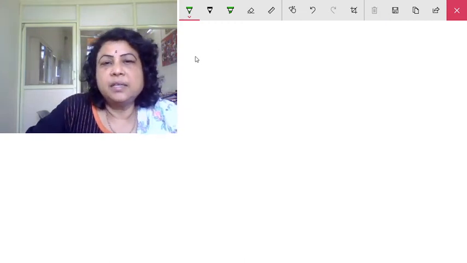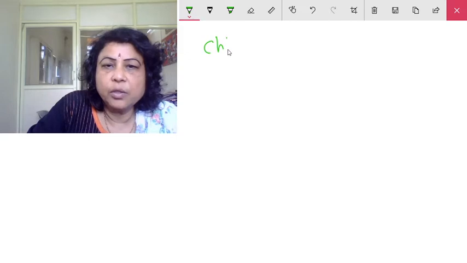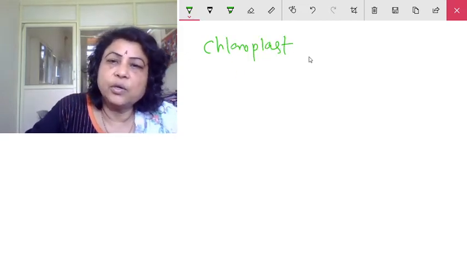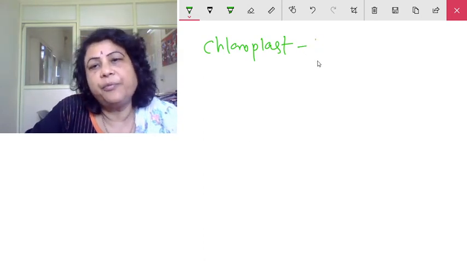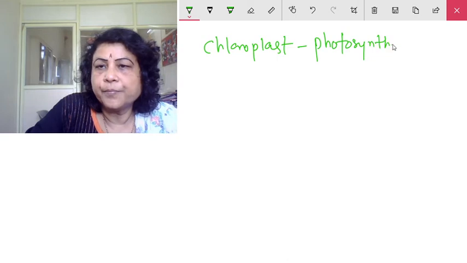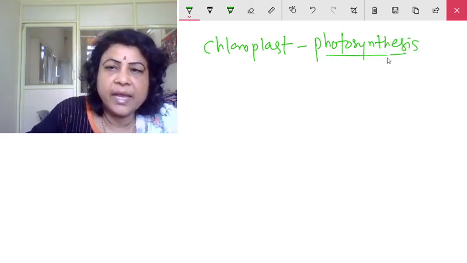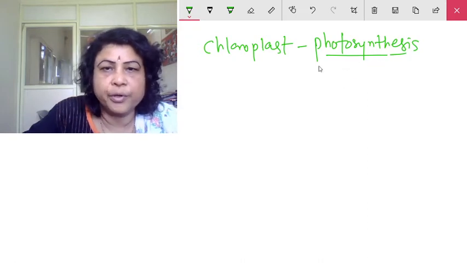So he reported that the green part contains the chloroplast, which is responsible for photosynthesis, so they have the ability to produce their own food.